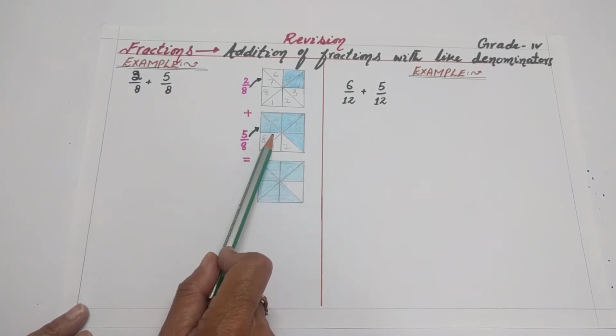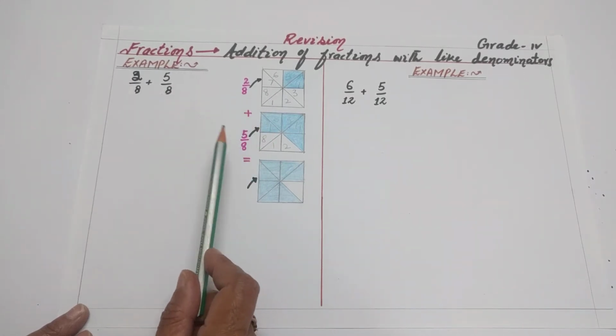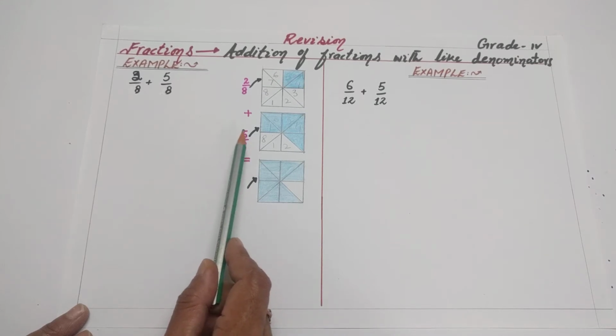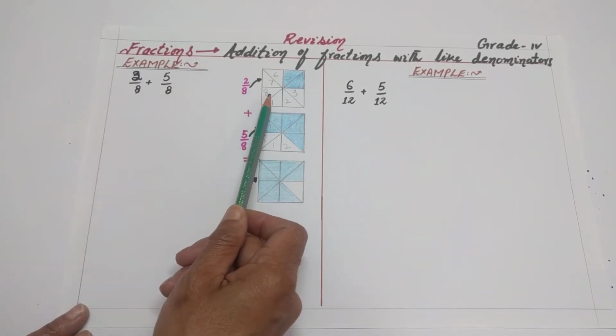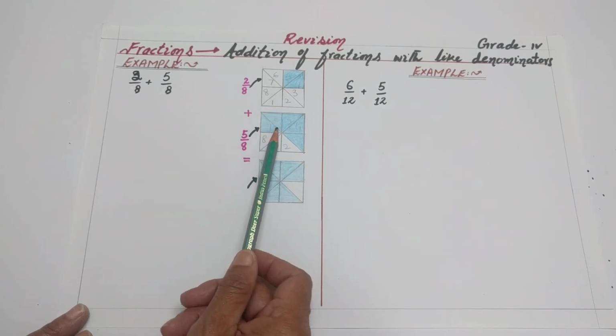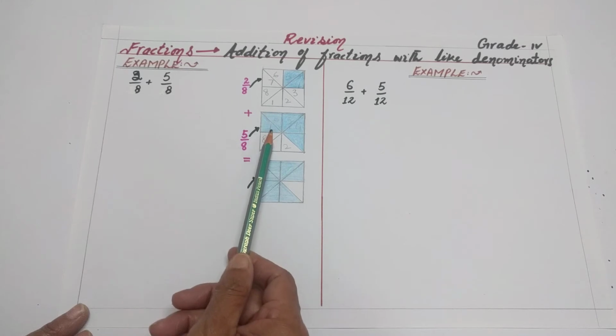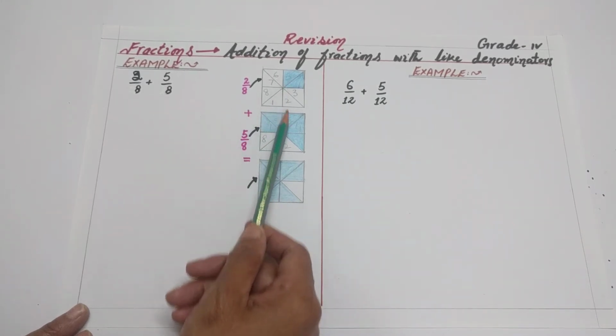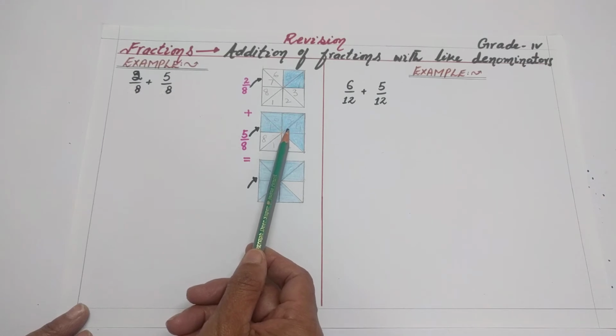If the denominator is 8, we can combine both numerators, because the total parts of these two shapes are same. That's why we can easily combine the shaded parts.